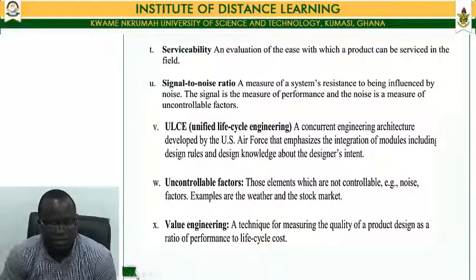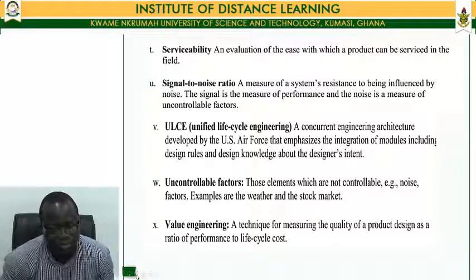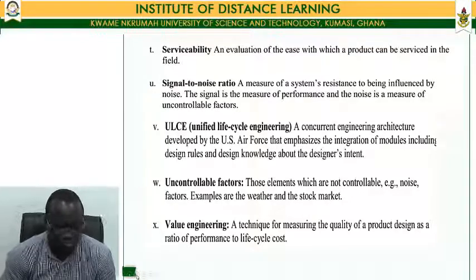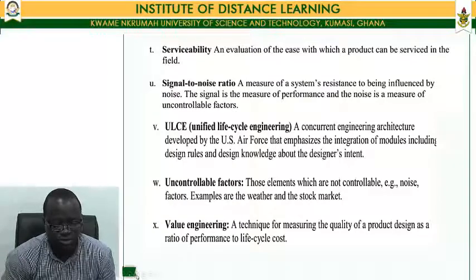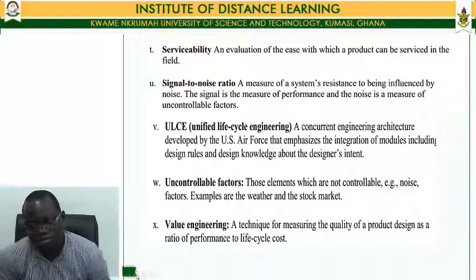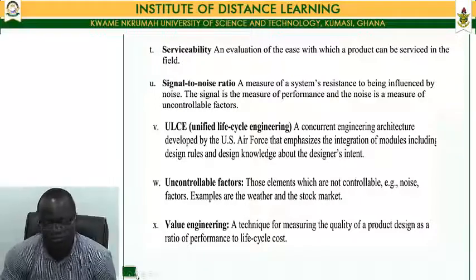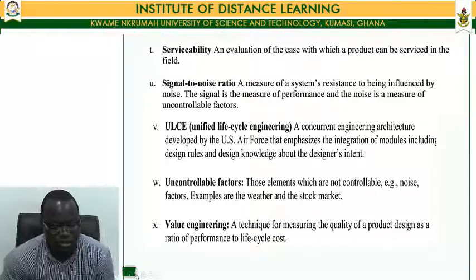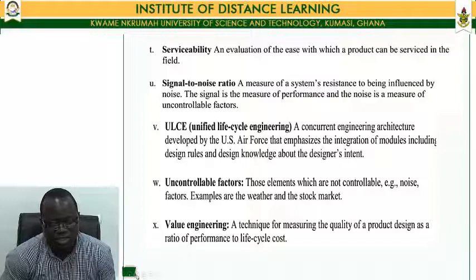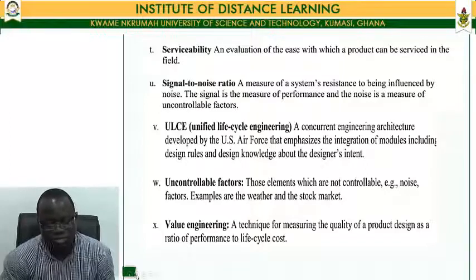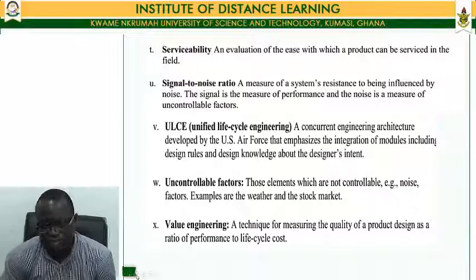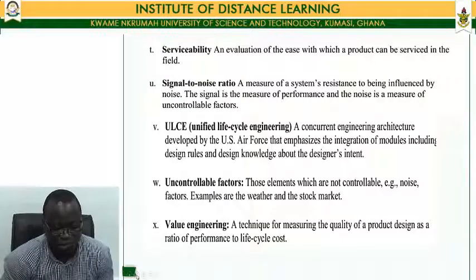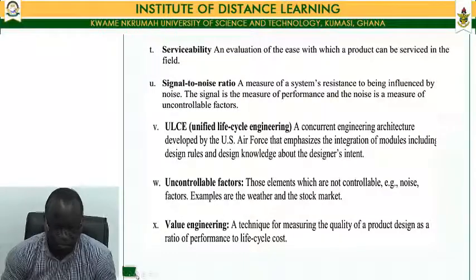Then we talk about signal to noise ratio. This is also a very important terminology which talks about a measure of a system's resistance to being influenced by noise. Now, a signal is a measure of performance, and noise is a measure of uncontrollable factors.